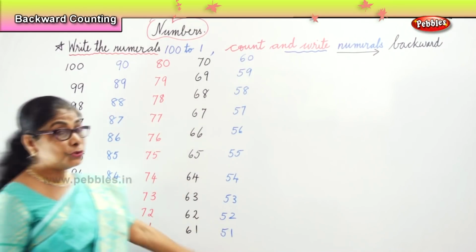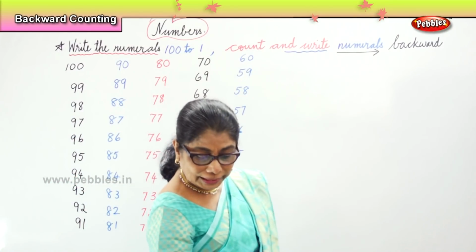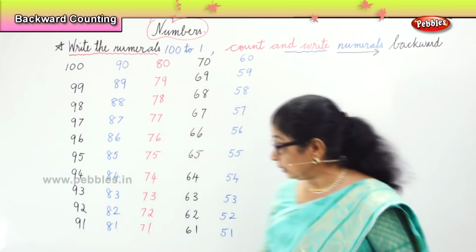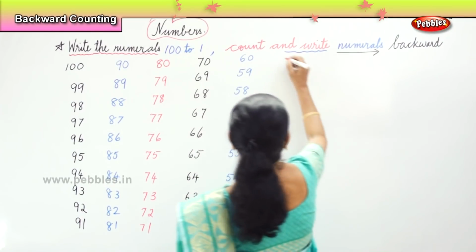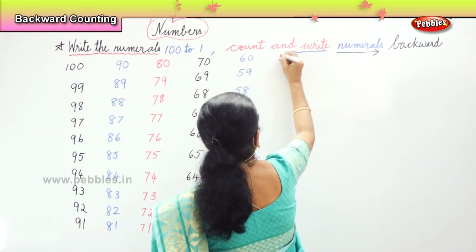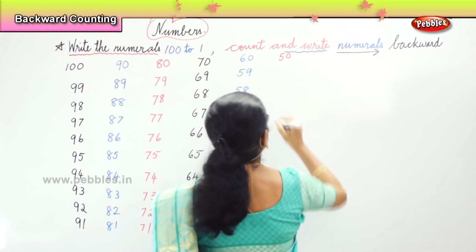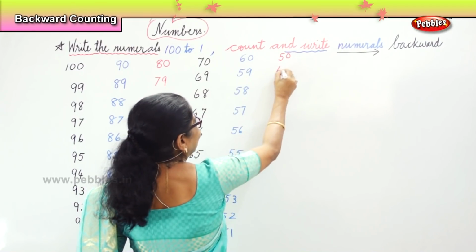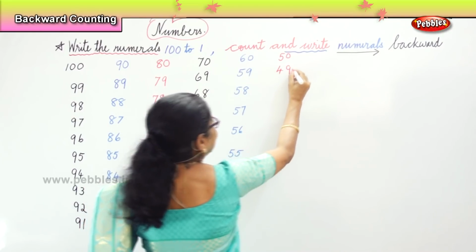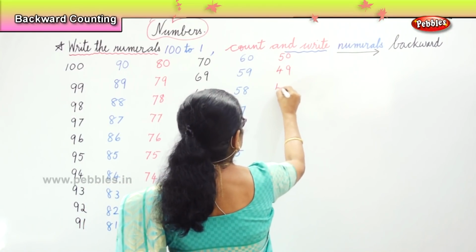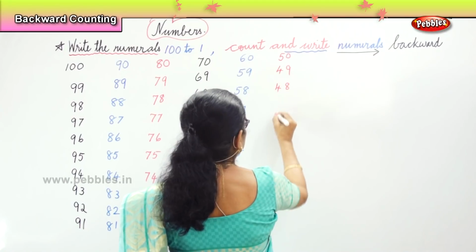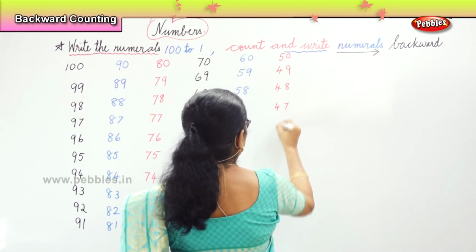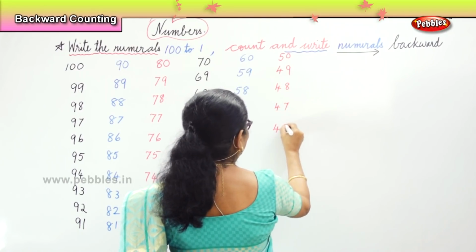100 to 51. Now what's the next number? 50. What's the next numeral? 50. Yeah. We got the numeral 50. One less. 49. Very good. Next. 48. One less. 47. One less. 46.